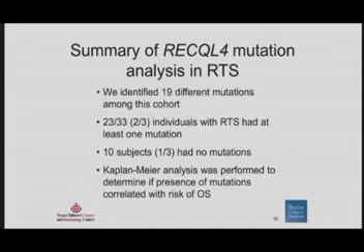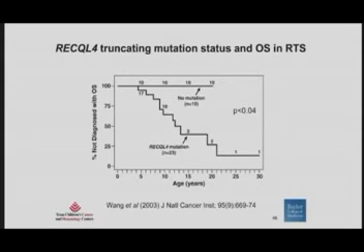In order to quantify whether or not the presence of mutations correlated with the risk of osteosarcoma, we conducted Kaplan-Meier analyses. This is just the graph showing the Kaplan-Meier survival curve. And what you see is that there are 2 groups of patients. The one on the top are those without mutations in RECQL4, and the group on the bottom are the patients with RECQL4 mutations.